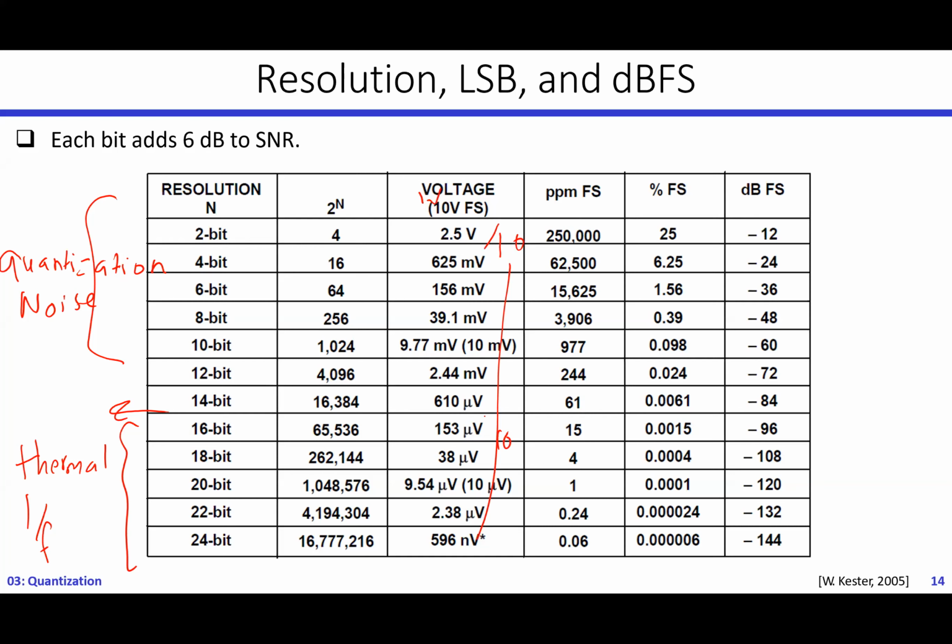So you can see that at 20 bits, our delta will be 1 microvolt, which is a very, very low value, 10 to power minus 6. Therefore, you can imagine the advantage that I am getting in terms of reducing my quantization noise.